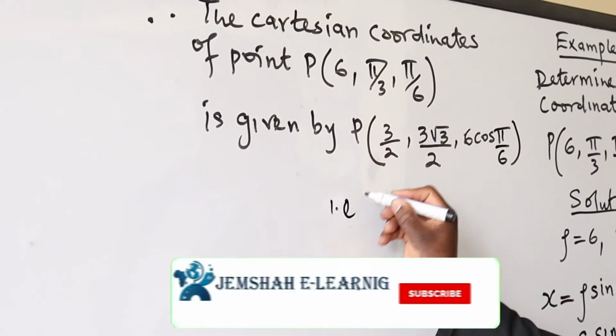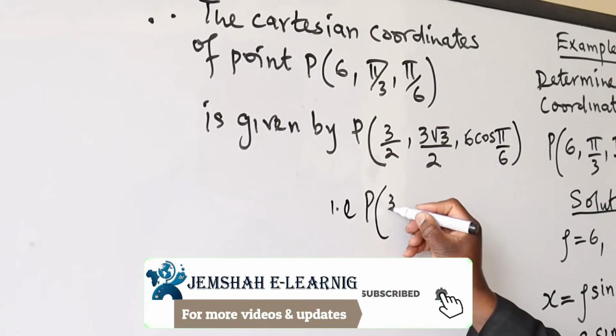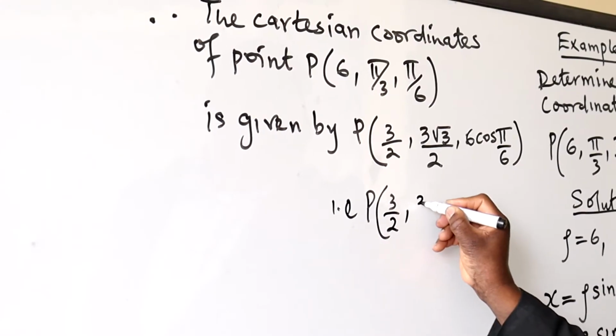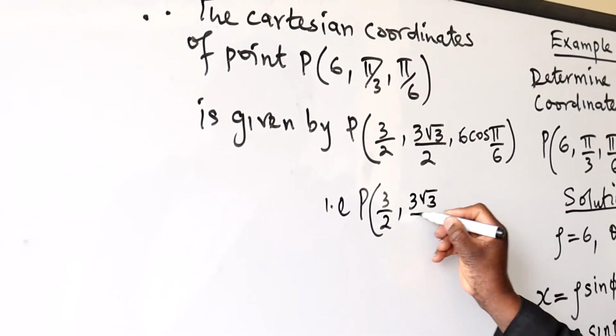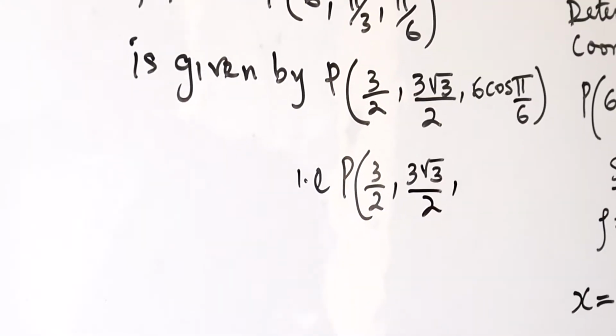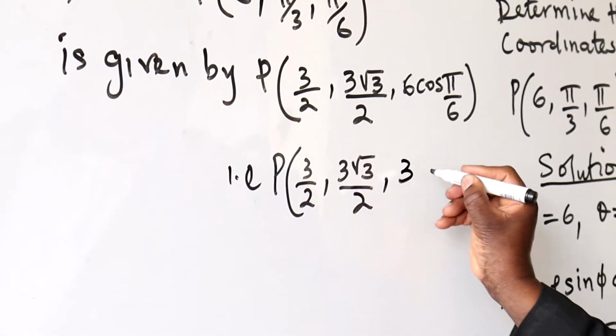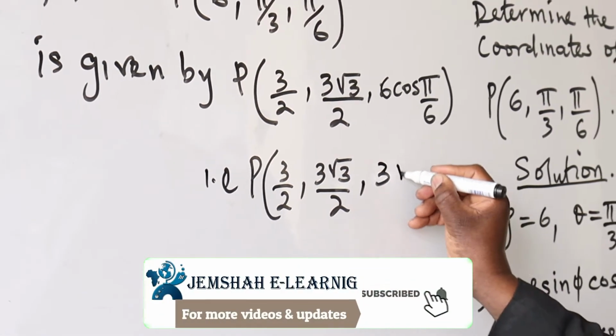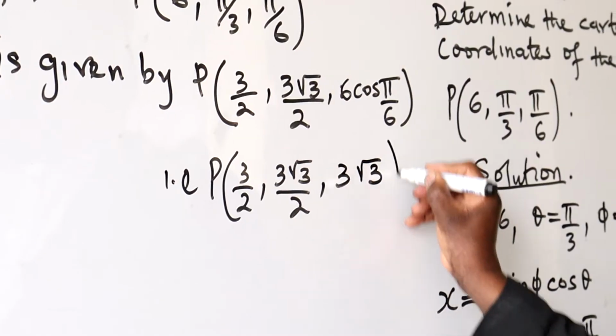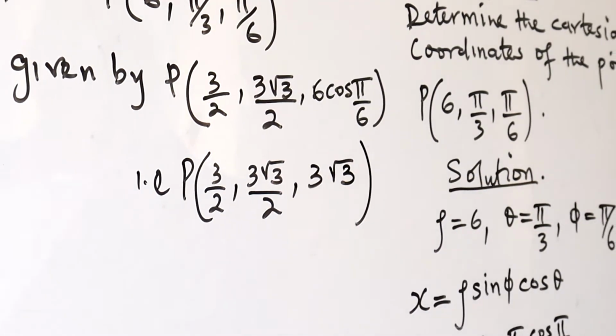That is P into 3 all over 2, 3 root 3 all over 2, 3 root 3.